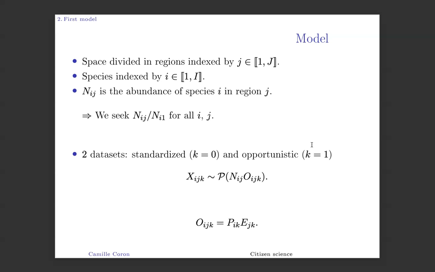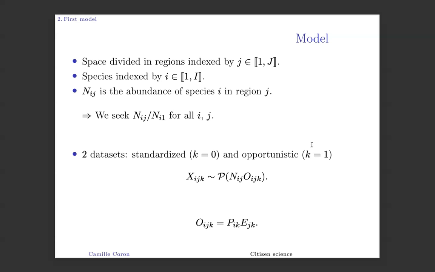So maybe, depending on the species, they will report their observations or not, because they like the species or because the species is rare or something like that. And this second term will typically take into account the total amount of time spent on the field in region j for the data set k. So our modeling assumption is that the impact of the species and of the region are independent on a given data set.